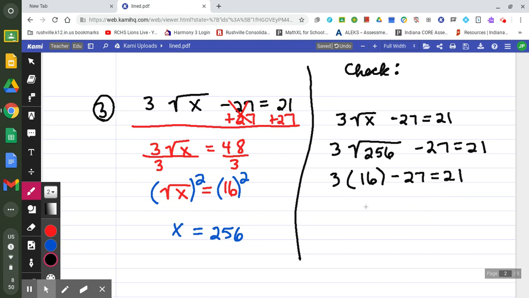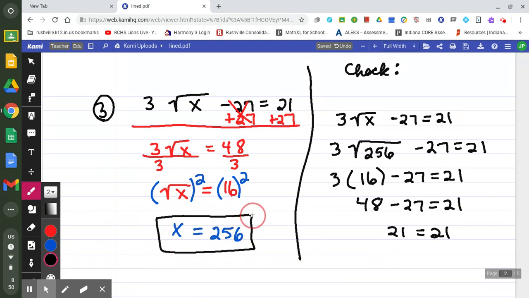So now 3 times 16 gives me the 48. And 48 minus the 27 is 21. And since this checks out, that means that x equals 256 is my answer.